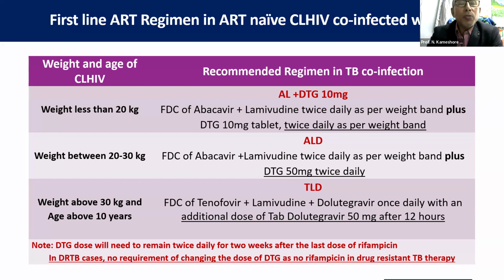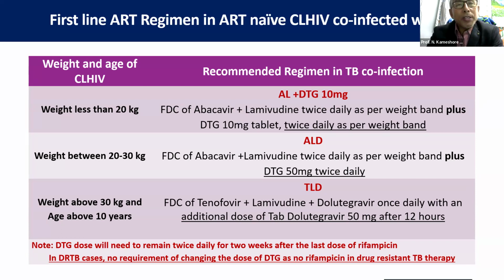For children between 20 and 30 kg, we give abacavir and lamivudine twice daily as per the weight band of the child, plus DTG 50 milligram film coated tablet, also twice daily.